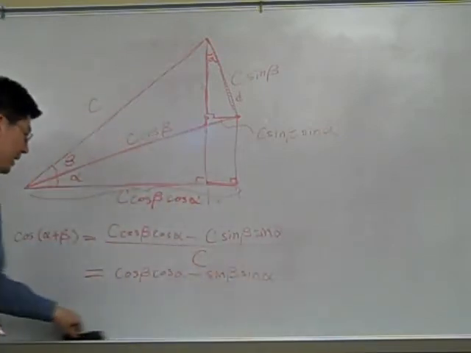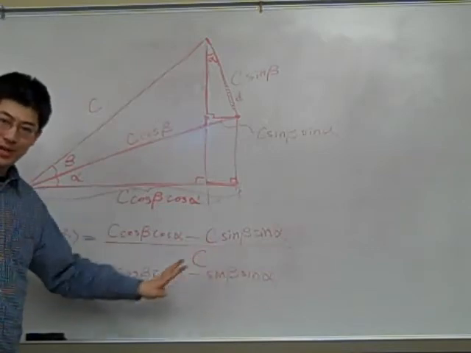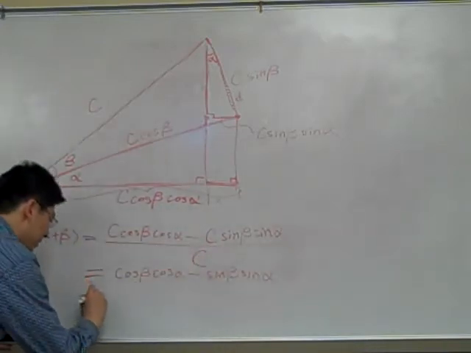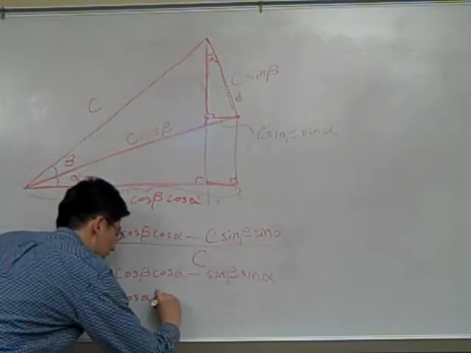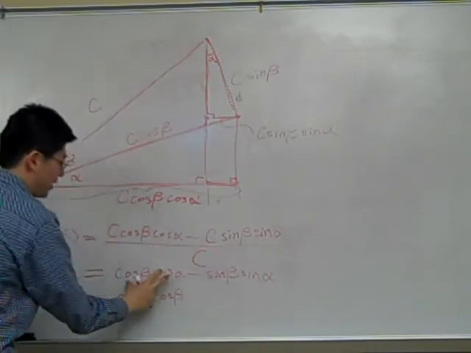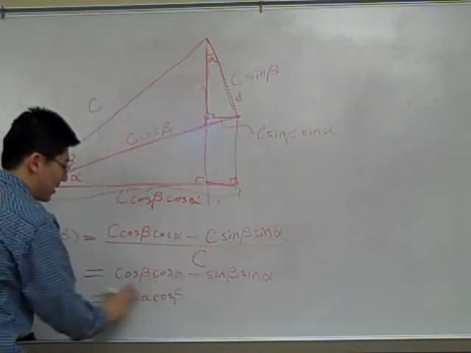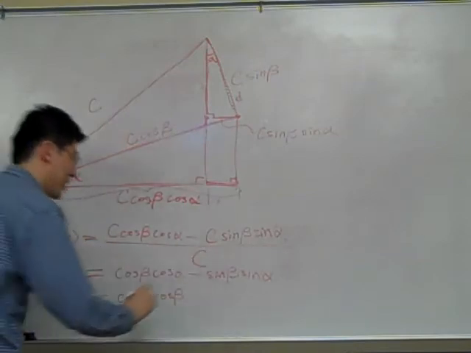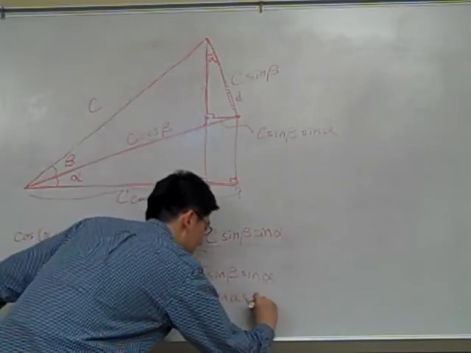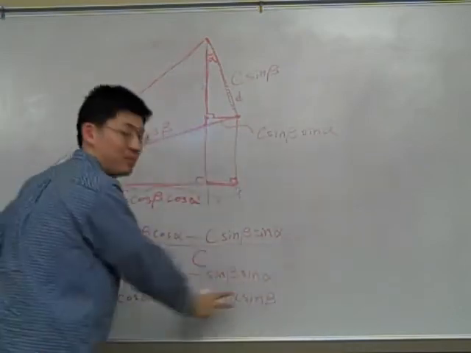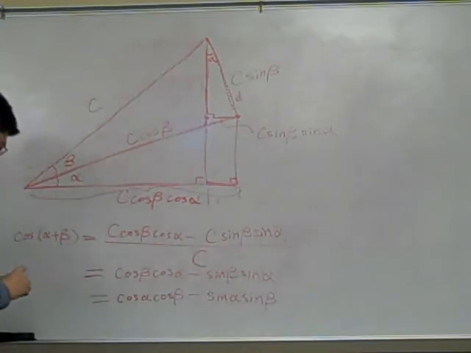And normally in trig, they reorganize it so the alphas come first. So this one is going to become cosine alpha cosine beta, because it's cosine beta times cosine alpha, so you can switch the order in which we multiply them, and minus sine alpha sine beta, switching the order in which we multiply these sines around. And this is the identity for the cosine of two angles added together.